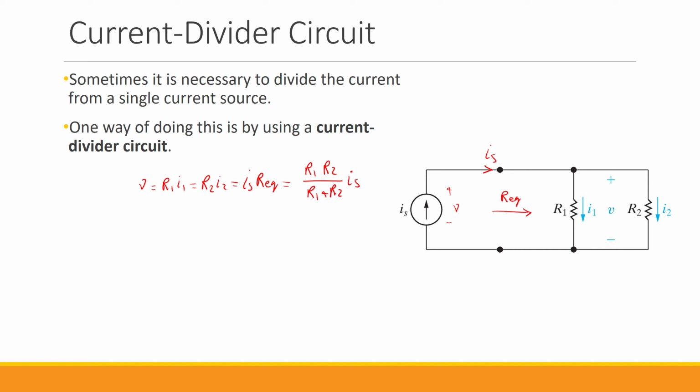Now that we have this, we can find out the current for each one of these resistors. What is I1? I1 is V divided by R1, from this equation. What about I2? I2 is the same: it is V divided by R2.